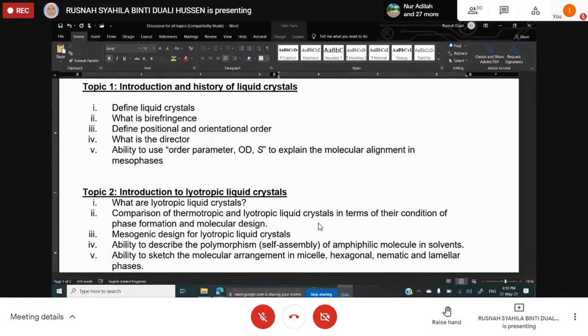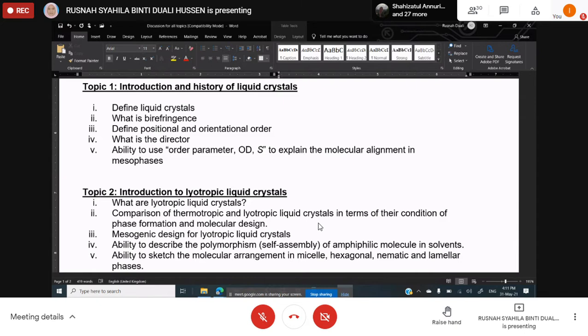Sometimes they are not perfectly aligned, but when we compare with the neighbor mesogen, they actually show some alignment, not perfectly random like in liquid.